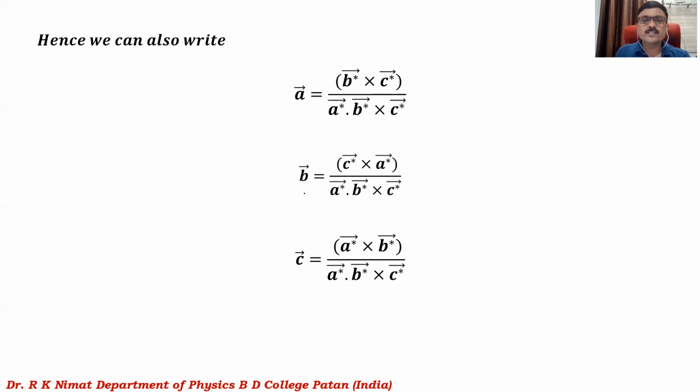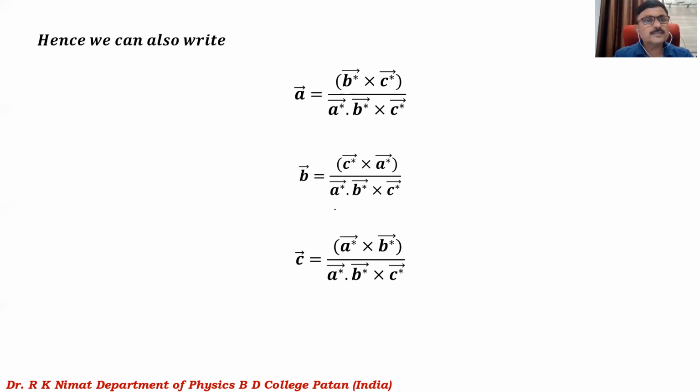Similarly, vector B is equal to vector C star cross vector A star by vector A star dot vector B star cross vector C star, and vector C is equal to vector A star cross vector B star by vector A star dot vector B star cross vector C star. So either or operations you can write.